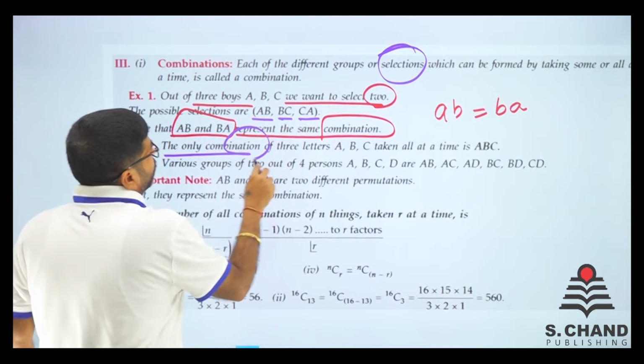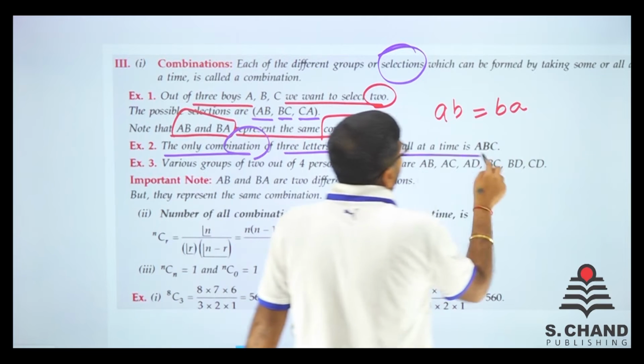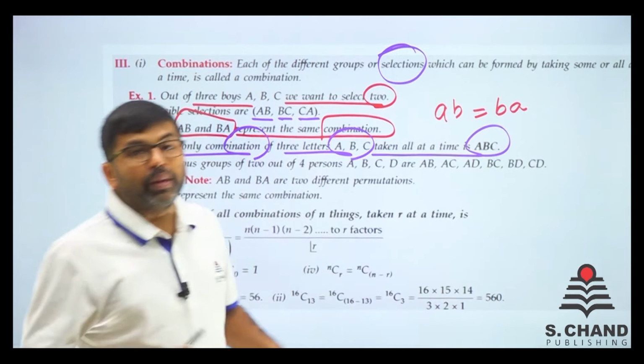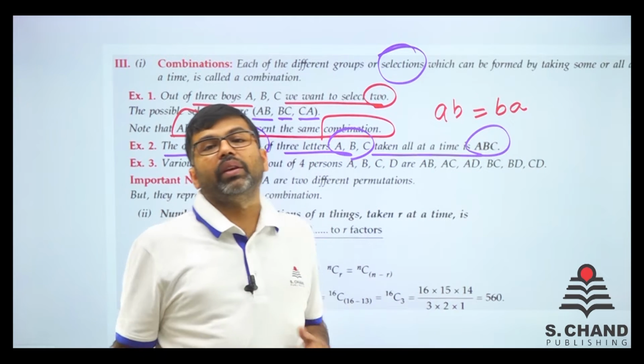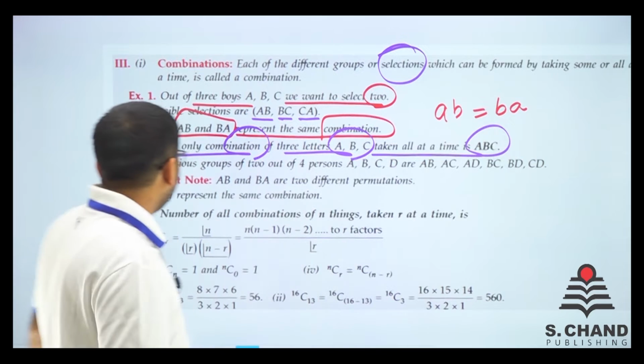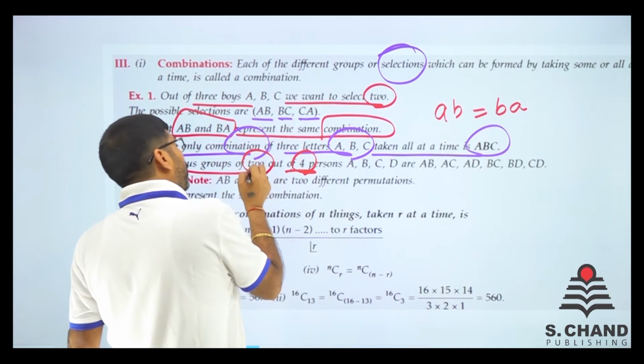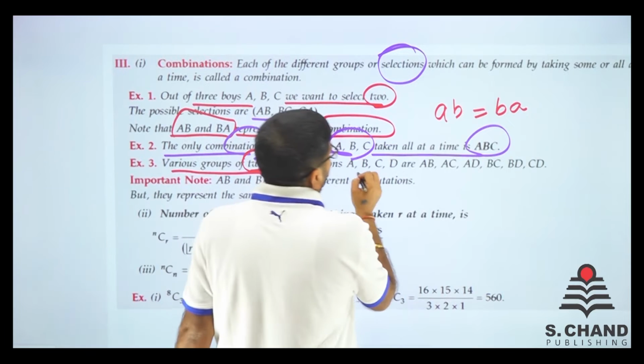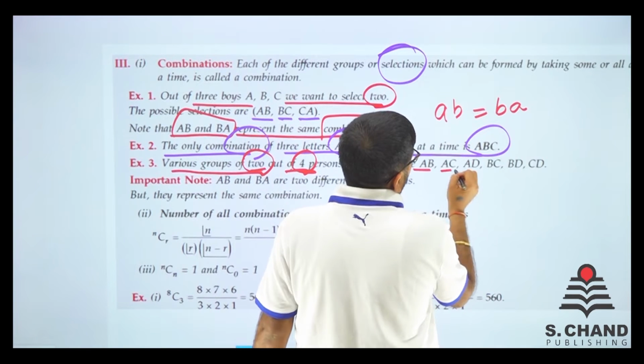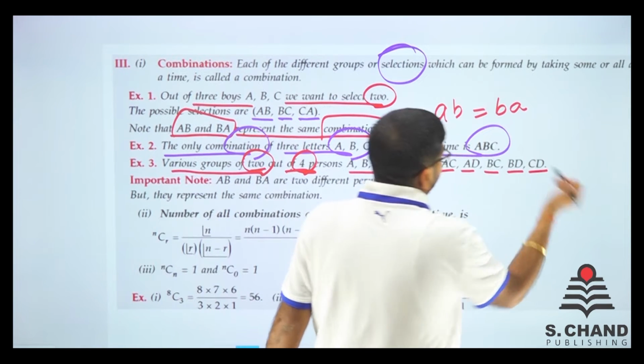The only combination of 3 persons ABC all at a time is ABC. Whether it is ABC, BAC, CAB, CBA, all are the same, right? And the various groups of 2 out of 4 persons from ABCD are AB, AC, AD, BC, BD, CD. That's it.